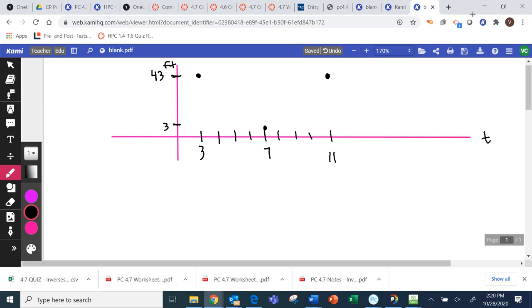And that is at what feet, the equilibrium? 5? Oh, 5 seconds. Oh, I said at what feet? You guys are 5, what? No. At 5 seconds, yes. At what feet? 23 feet, yeah. And then again at 9 seconds as well. So we've got a couple more points here.